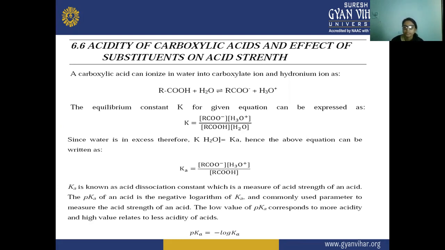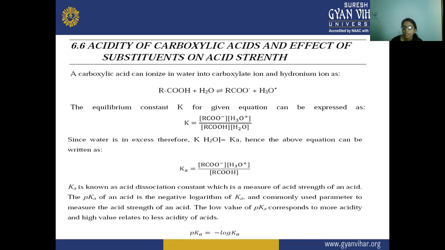So the low value of pKa corresponds to more acidity. If the value of pKa is less, then it means that the acidity of the acid is more. And if the value of pKa is high, then the acidity of the carboxylic acid is low. So from this pKa we can measure the acid strength of an acid.